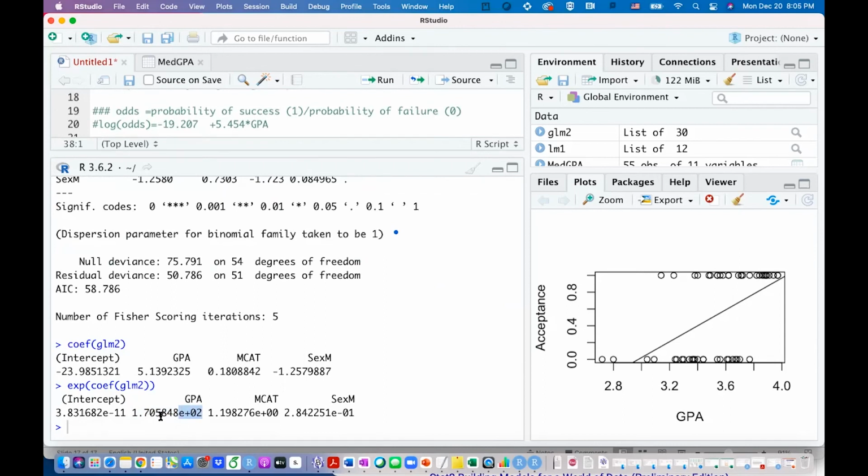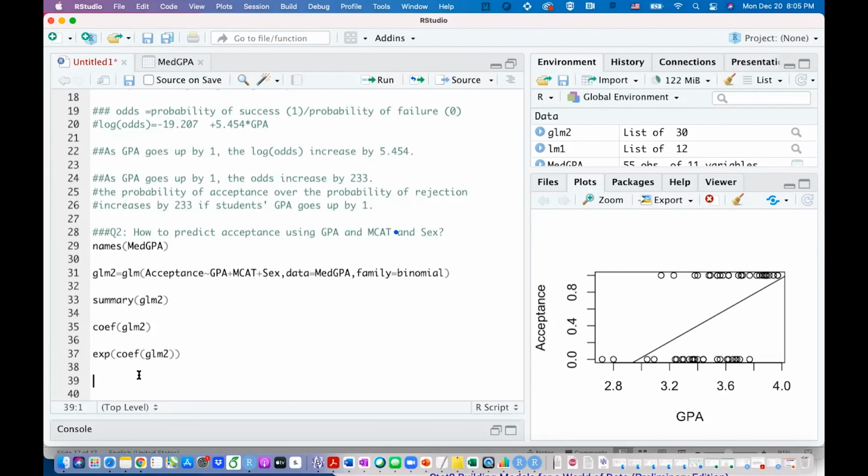That means, controlling for MCAT and the sex of the students, as the student's GPA goes up by 1, the odds of the student getting admitted into medical school will increase by a factor of 170. So that's what we mean by exponential of the coefficients.